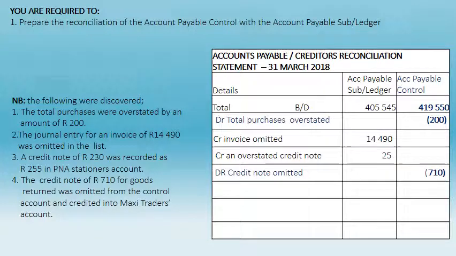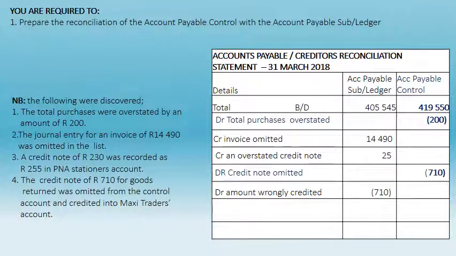The next will be to correct the credit note which was credited into Maxi Traders account by duplicating the correction. We will therefore first start by debiting the amount wrongly credited, the entry 710 under the subsidiary ledger, because the error of credit was made in Maxi Traders account.